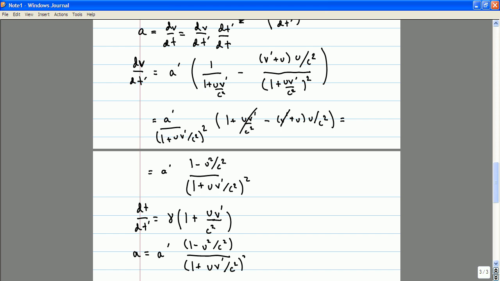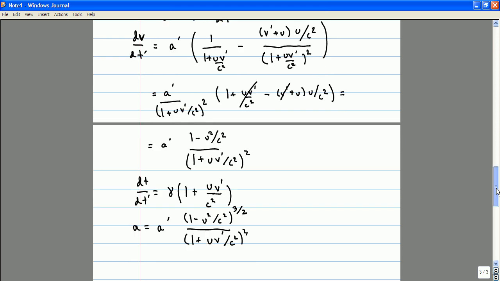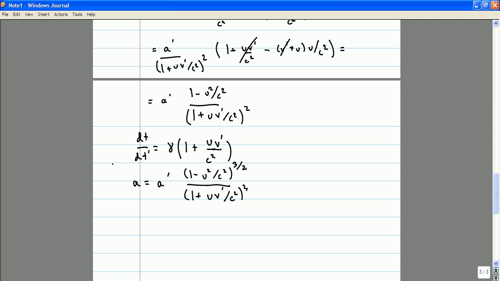And then when we multiply by dt prime by dt, we just get another factor of 1 minus u squared over c squared on the top, so that becomes a 3/2, and another factor of 1 plus u v prime over c squared in the denominator, so we get a factor of 3 in the denominator. And so what we have derived here is the formula for how accelerations change as you go from one frame to another.